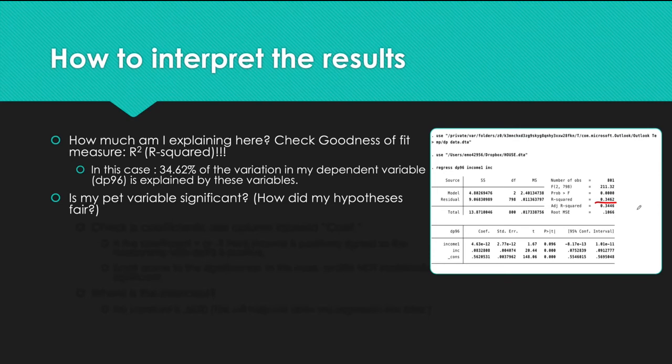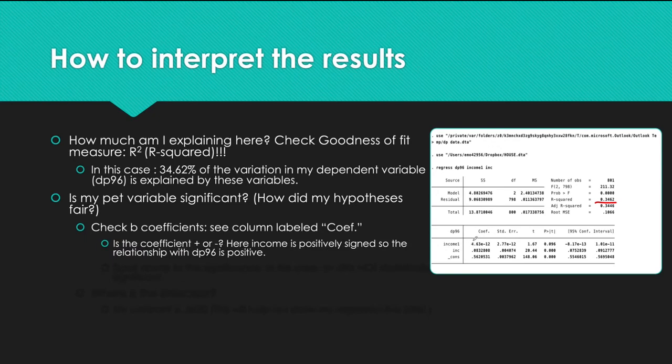Next big question, is my pet variable significant? How did my hypotheses fare? First, check the beta coefficients. Is the coefficient positive or negative? Let's say we're primarily interested in income, right? In this case, income is positively signed, so I can say that the relationship between income and dp96 is positive.